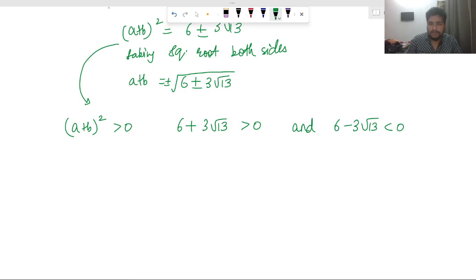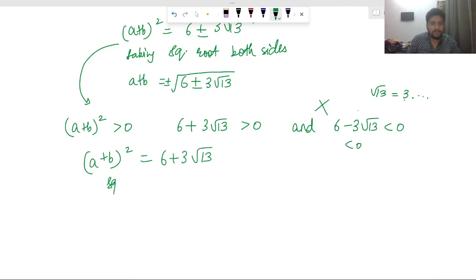Because the value of root 13 will be something around 3 point something, so 3 times that will be around 9 or more, which will make it negative, so this can't be the value. So the value of a plus b whole square will be 6 plus 3 root 13.